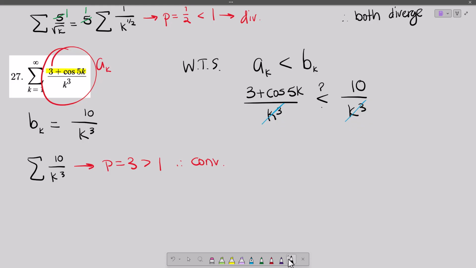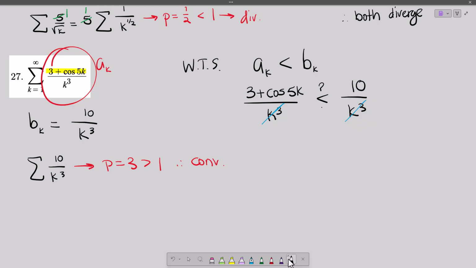I have a question. For the a sub k, how come you can change it to whatever you want? So when we pick our b sub k, normally the process is to erase anything that's insignificant. So things that aren't dramatic. So down here we have a k cubed, which is dominating this expression.